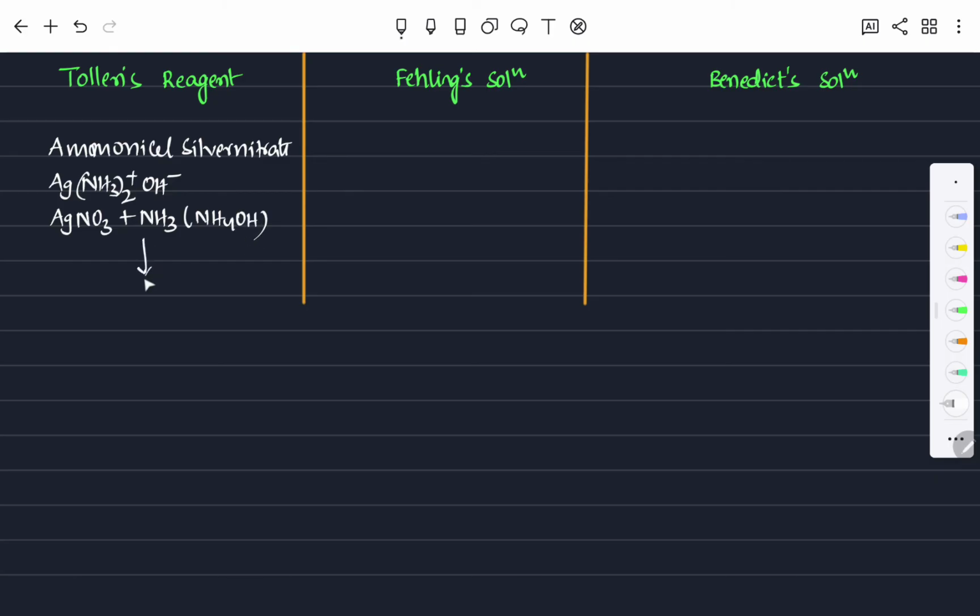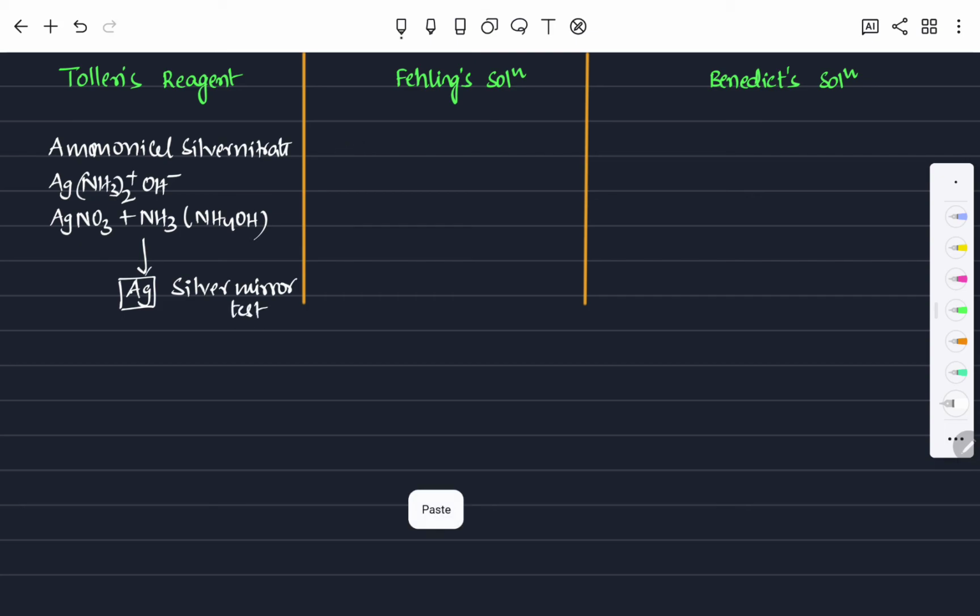At the end of the reaction, it converts into Ag. So it is a silver mirror. That's why it is also known as the silver mirror test.